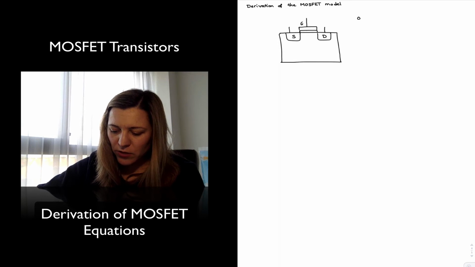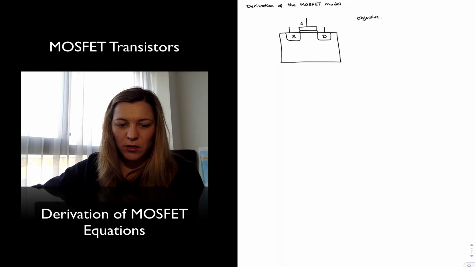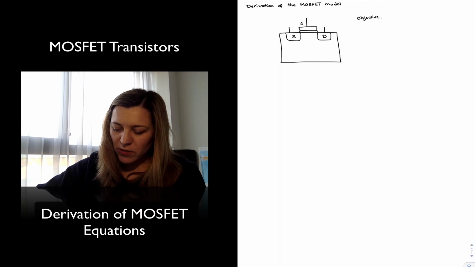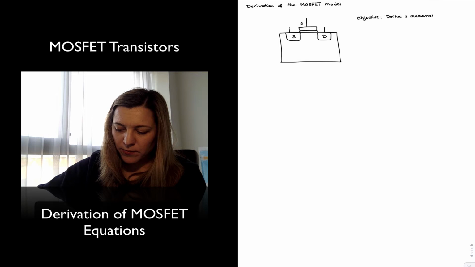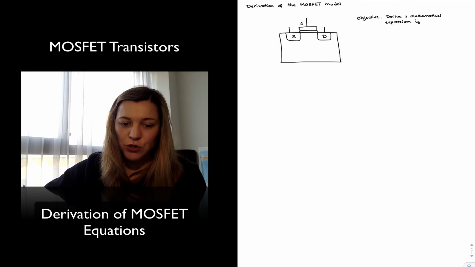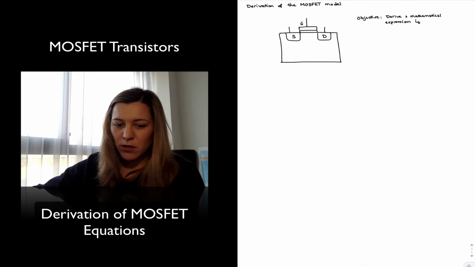And so our objective here, we're talking about deriving a mathematical model, is deriving a mathematical expression for the drain current, which we have referred to as ID.